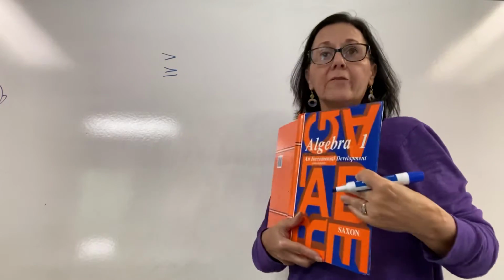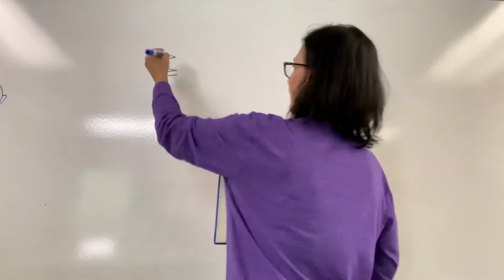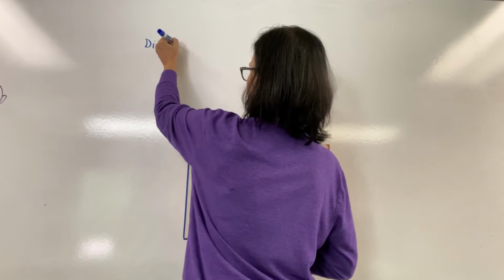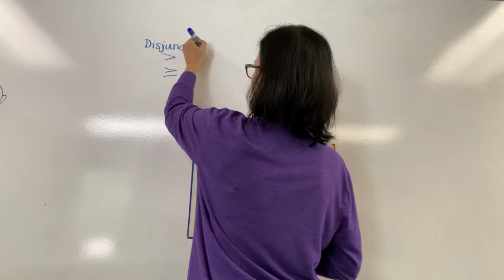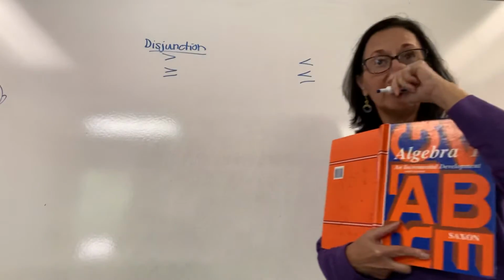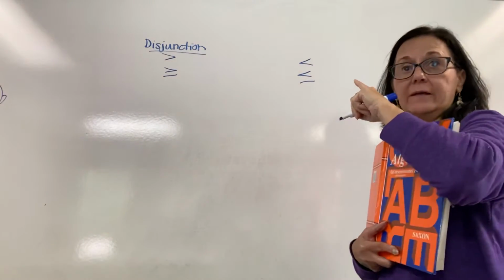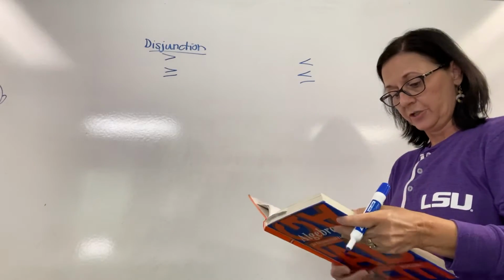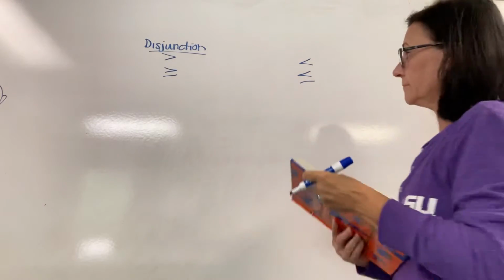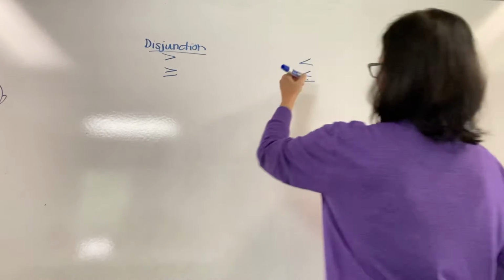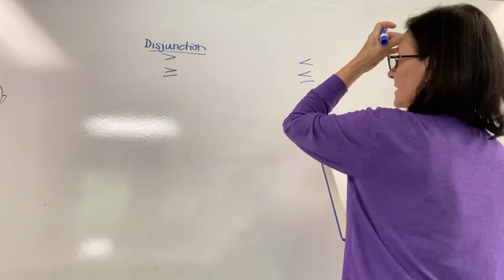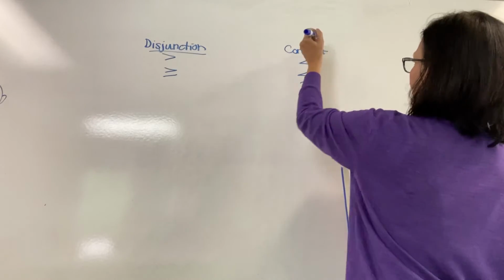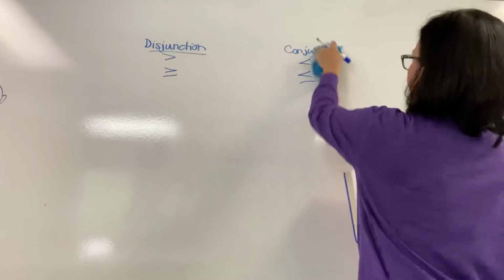If they are greater than, then what we graph will be a disjunction. So let's lock that in our brains: whatever we graph when it's greater than is going to be a disjunction. Anything that we graph that is less than is going to be a conjunction. All right, I'm going to show you what that means.